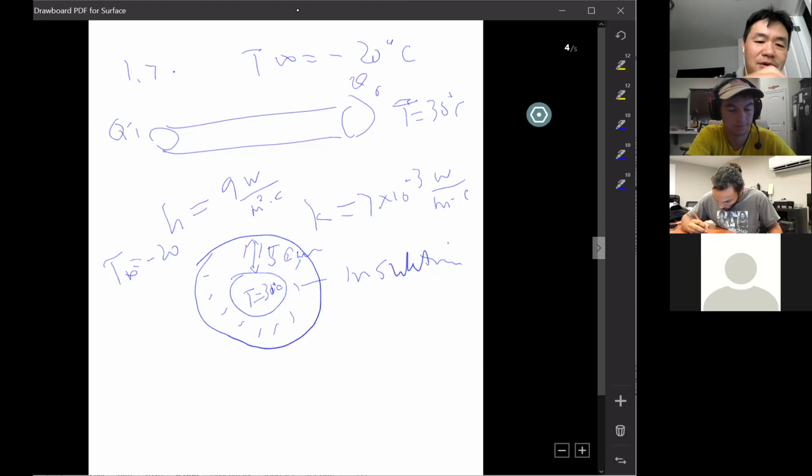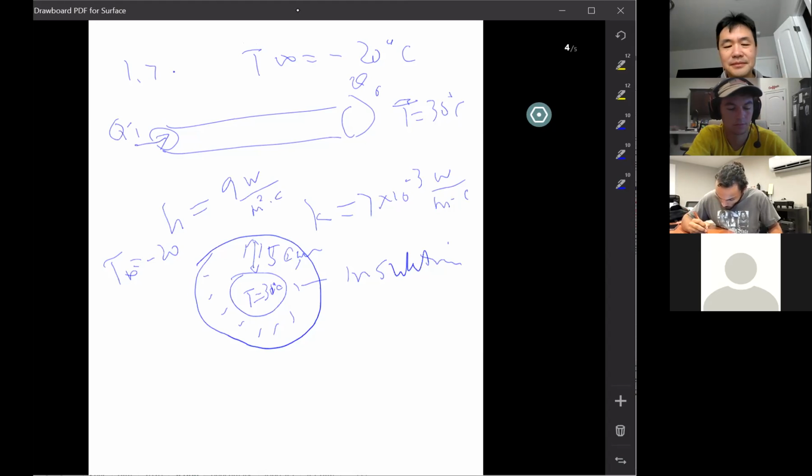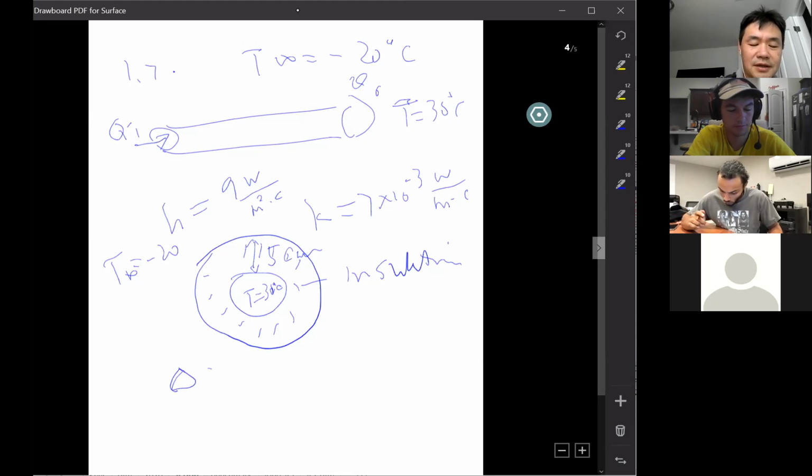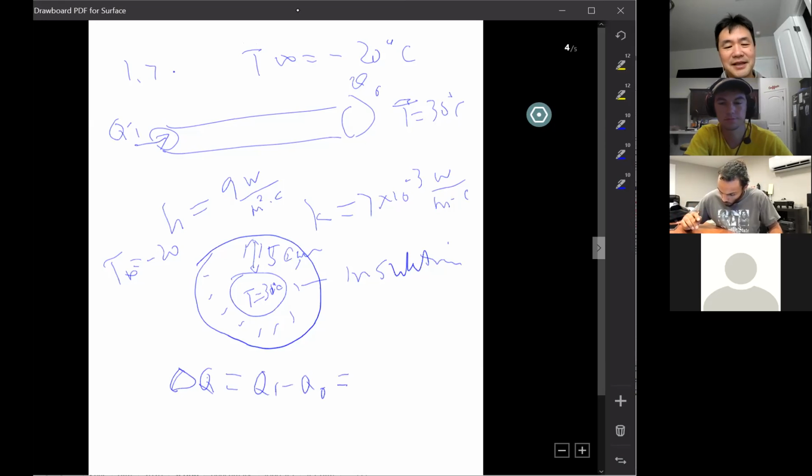The pipe is going this way, right? So first of all, delta Q in this drawing, Q1 minus Q0, is equivalent to what? That's the key.